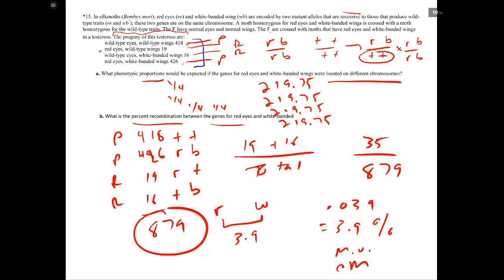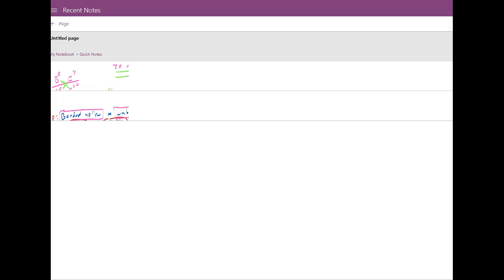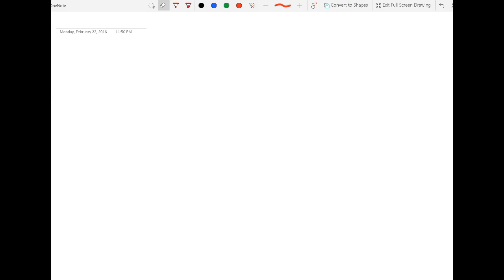Alright, so that's all there is to that. Let's do it again. So we had red and banded crossed to wild type. Then we get an F1 that's going to be all wild type because red and banded are recessive.